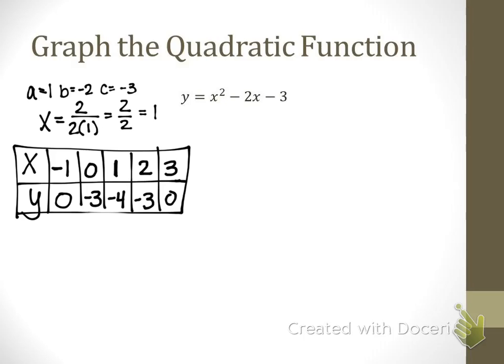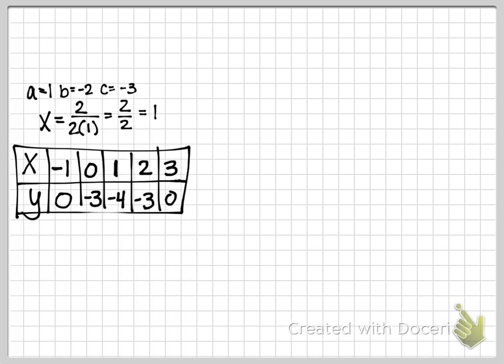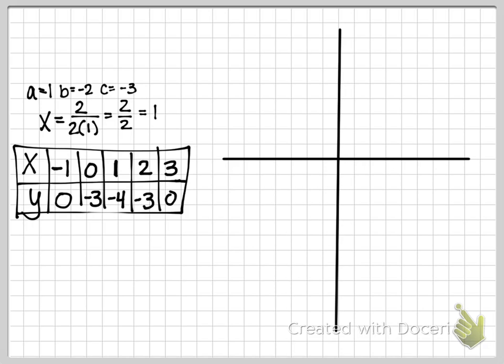So I want you to get out your graph paper, and we're going to graph this together. Let's make our x and y axis. Label my numbers. And I'm just going to go up to 5.